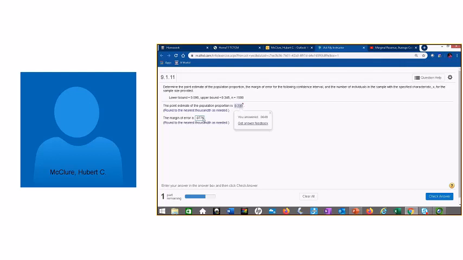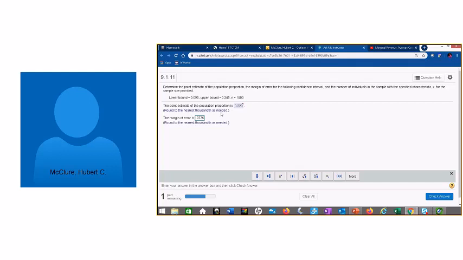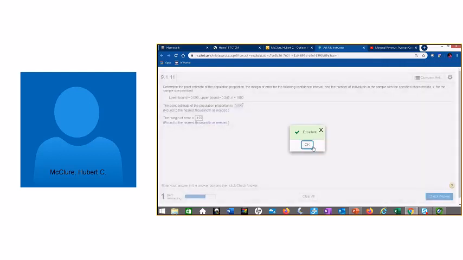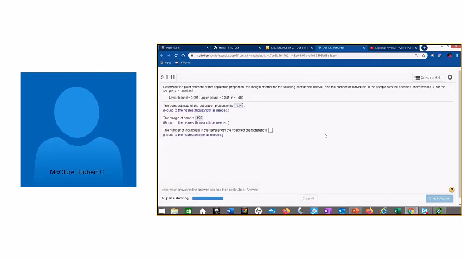So let's type in the margin of error. I got 0.125. Yep, I had them backwards. Range, these two subtracted. See, the math is real easy.